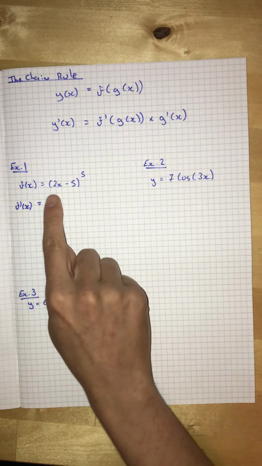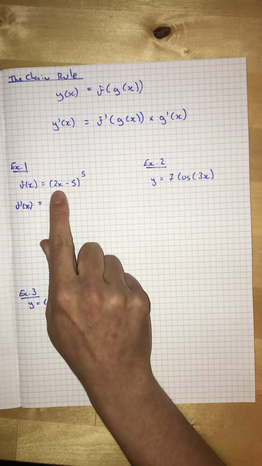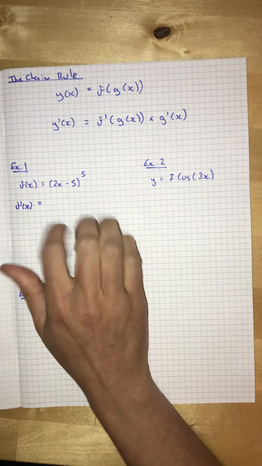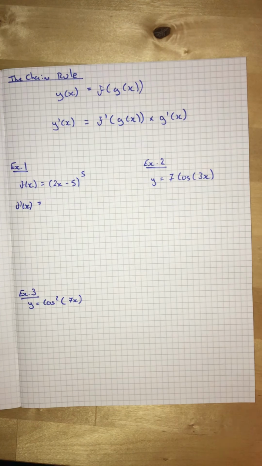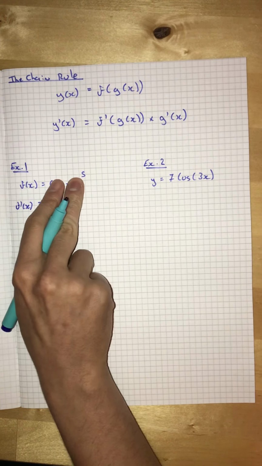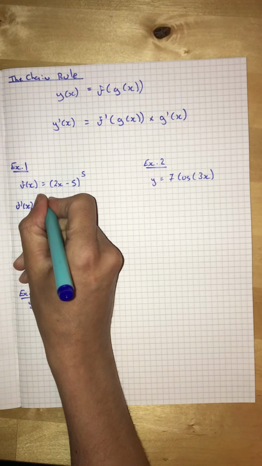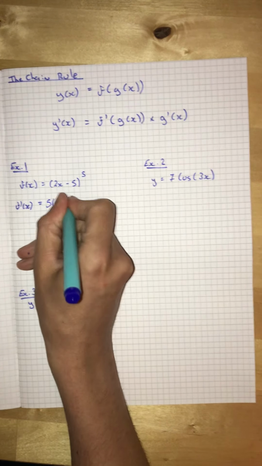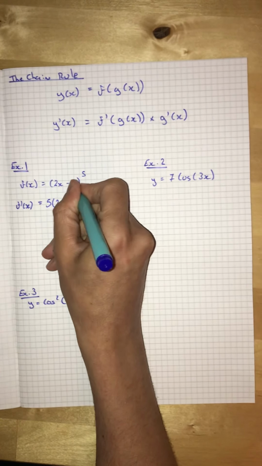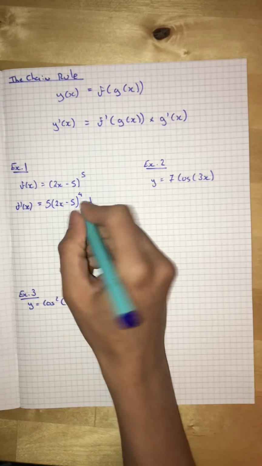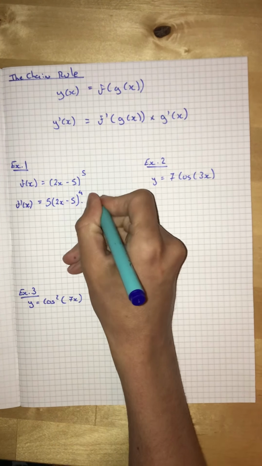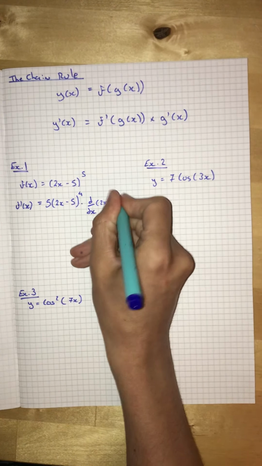You can see here, hopefully, that the internal function is 2x minus 5, and then the external function is the outside the brackets to the power 5. Okay, so differentiate what's outside the brackets, leaving what's inside the brackets the same. And now I'm going to times by the derivative. That means I need to differentiate 2x minus 5.